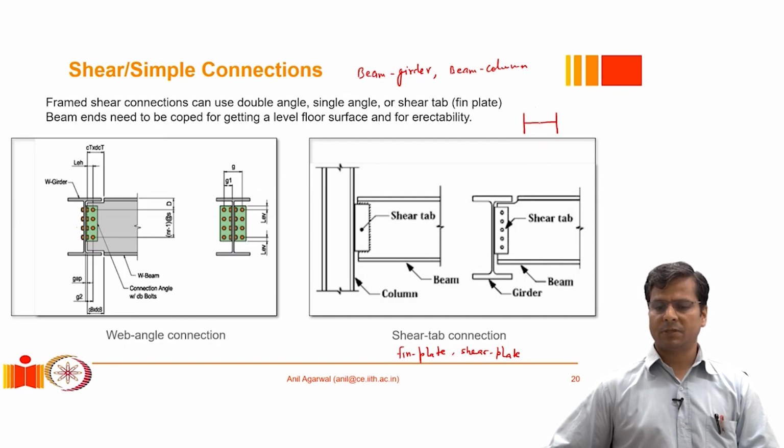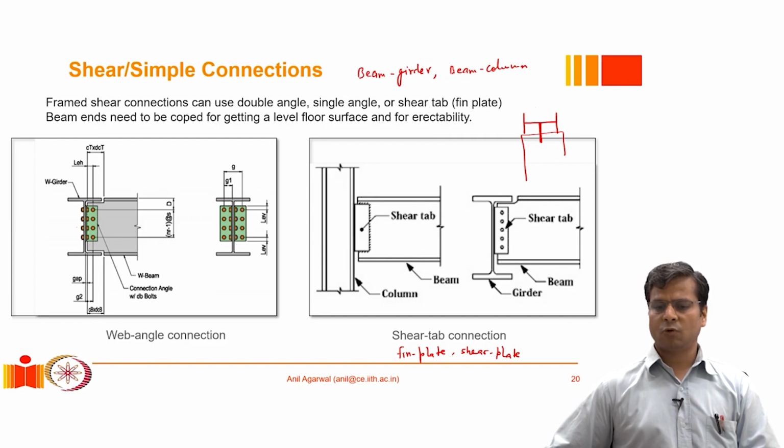But sometimes there may be a situation where I want to provide a simple connection. It could be an angle or it could be just a thin plate connection. And I want to provide a beam which is wider than the depth of the column. If that is the situation, I cannot bring the beam all the way back.